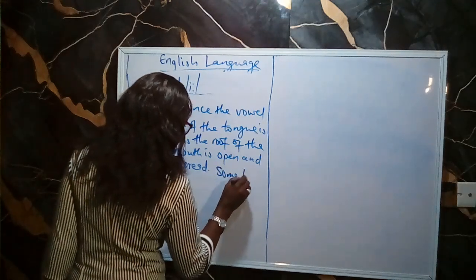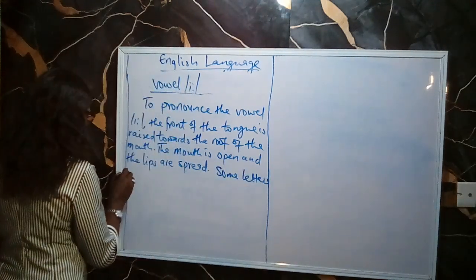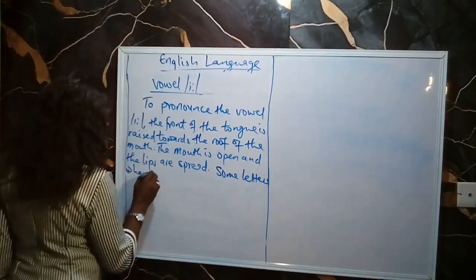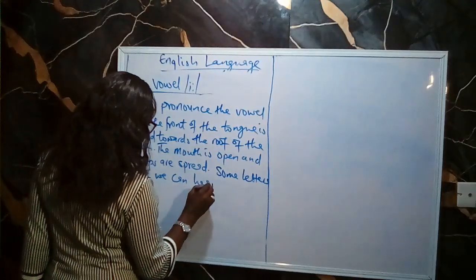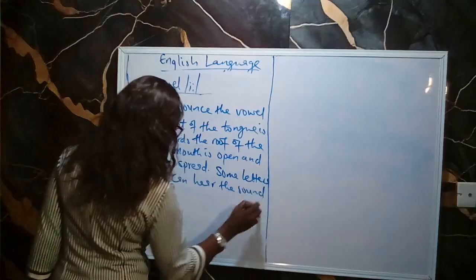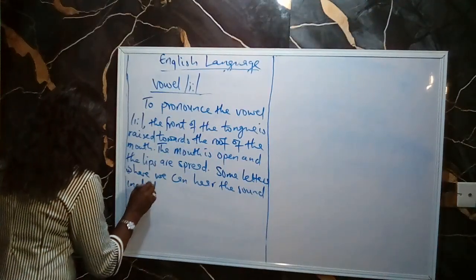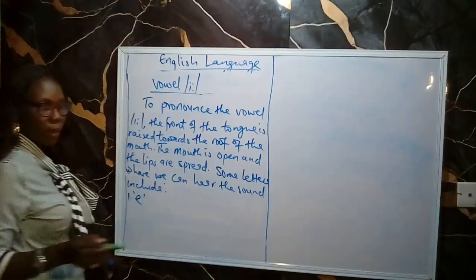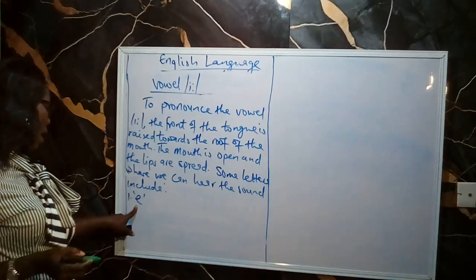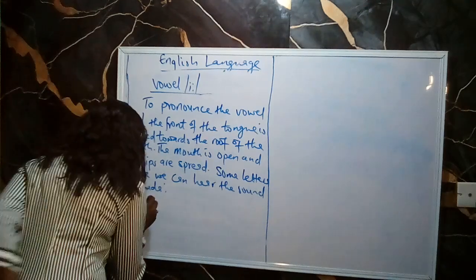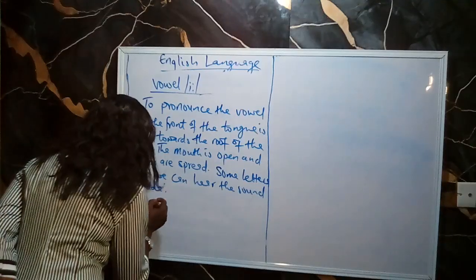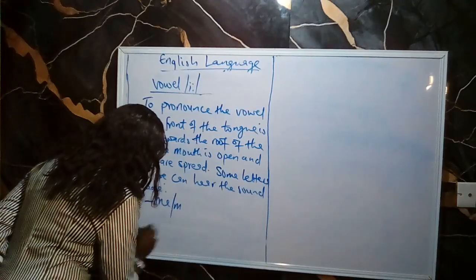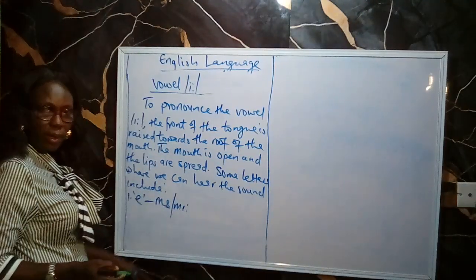Some letters in which, let's say, we can hear the sound include, the first one is letter E. Remember, this is a letter E. And some of the words include something like me. Where we see E, we put the sound E.